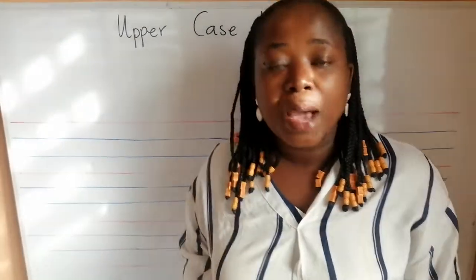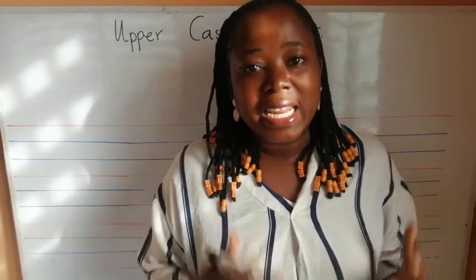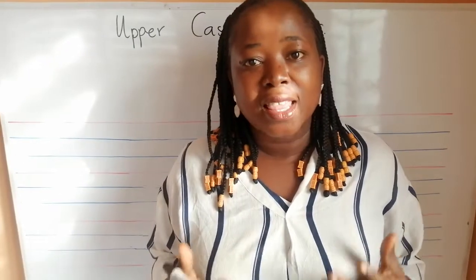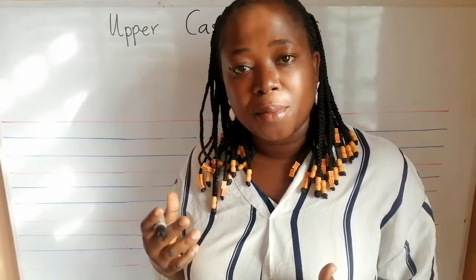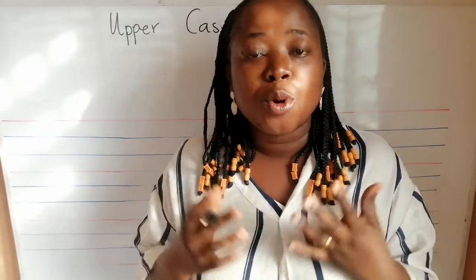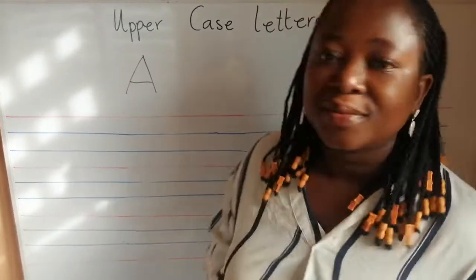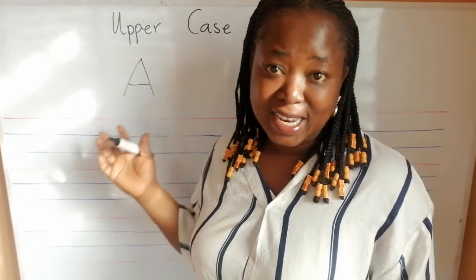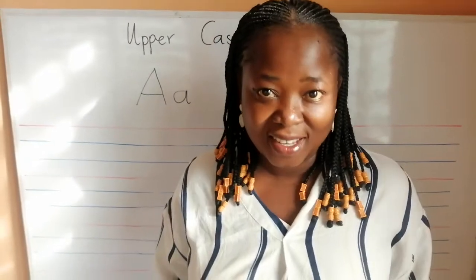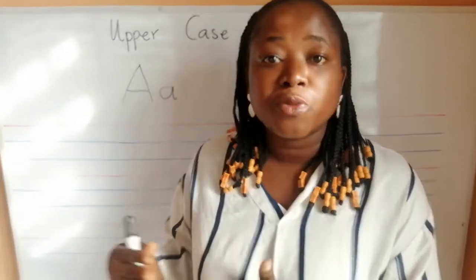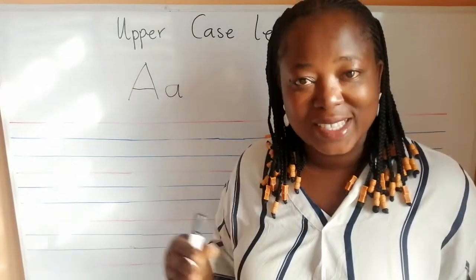And when we are writing the uppercase letters, we are not using the sounds to write them. We are going to use the letter names to write the uppercase letters. So for instance, if I want to write in the uppercase letter, I'm not going to say the sound, I'll just say A. This is the letter name, A. And this is the letter sound, A. Okay, so because we are going to move on to the uppercase letters, we are going to use our letter names to write them.